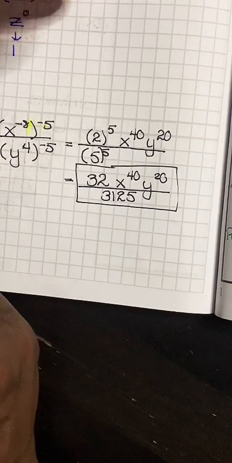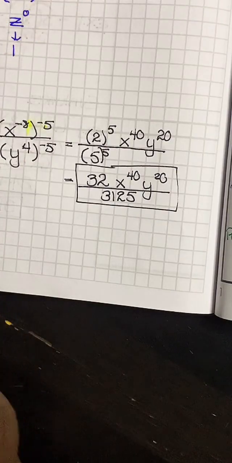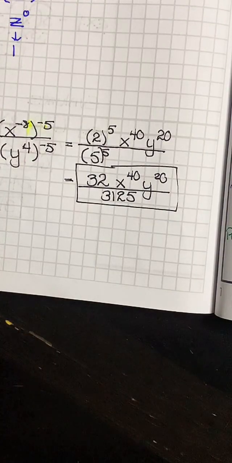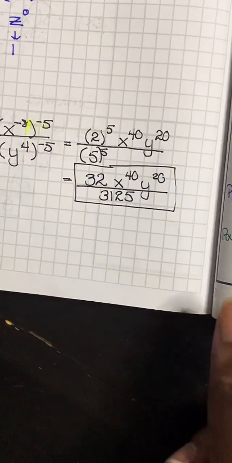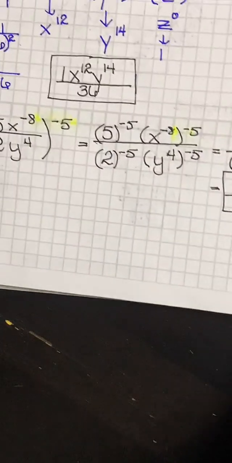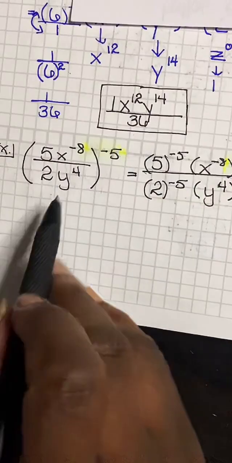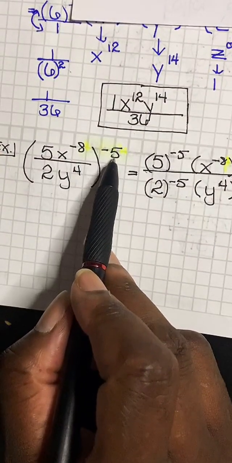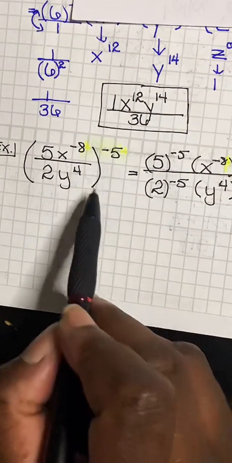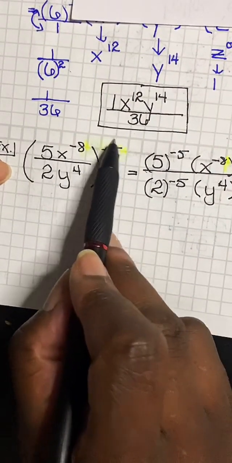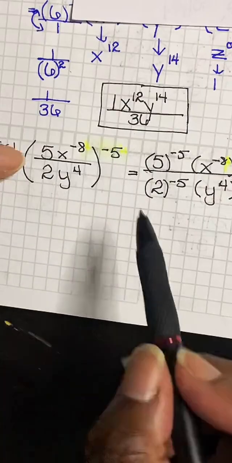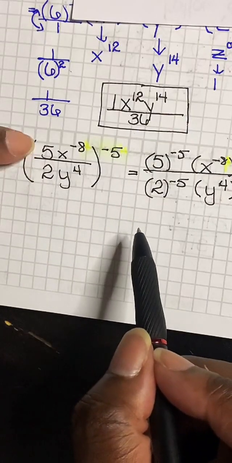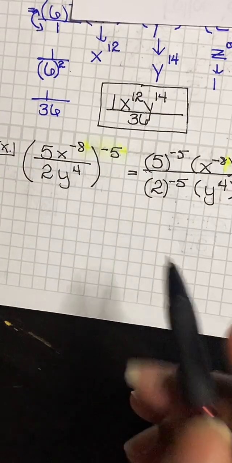Another way to the same answer? Sure. So if I go back to my original, which is this, since it has a negative exponent, that means in order for me to change this to a positive 5, I gotta flip everything inside of the parenthesis.